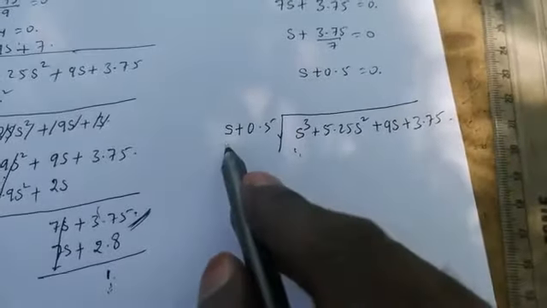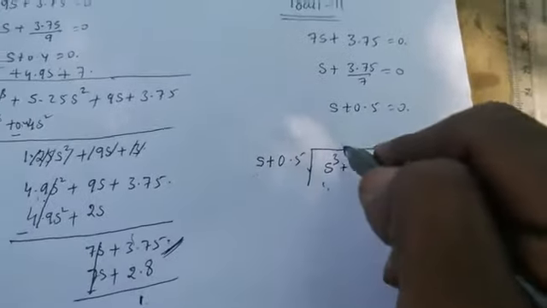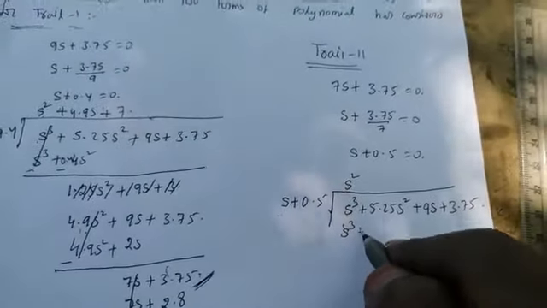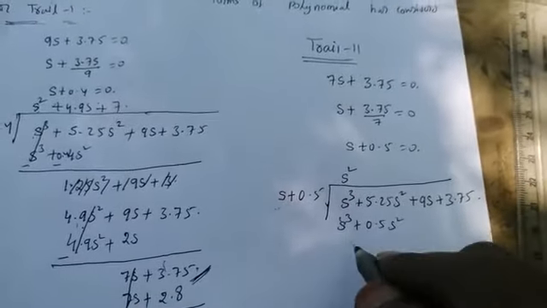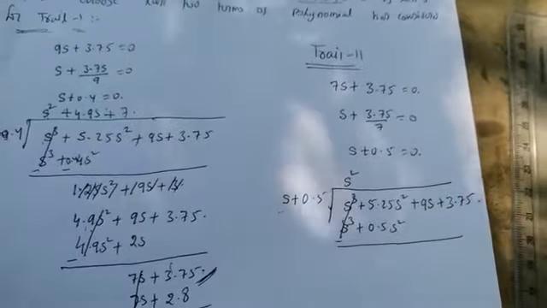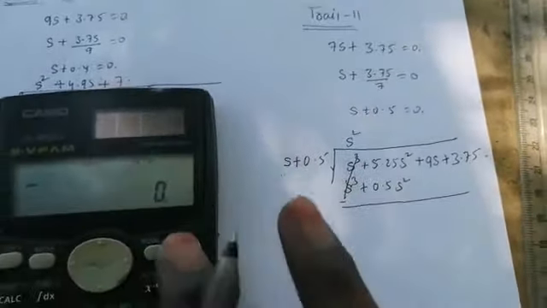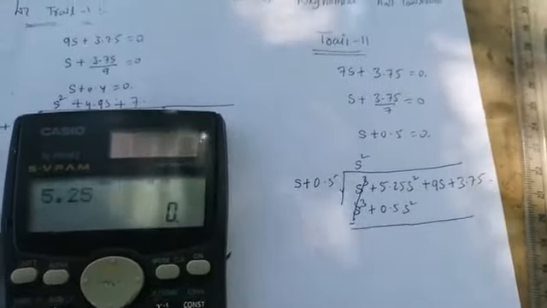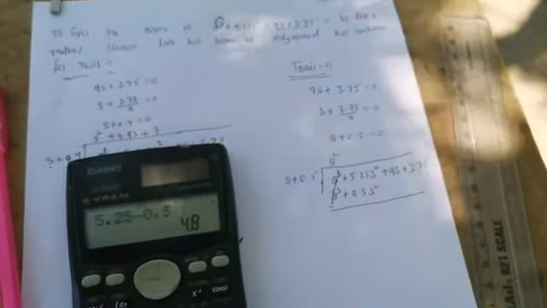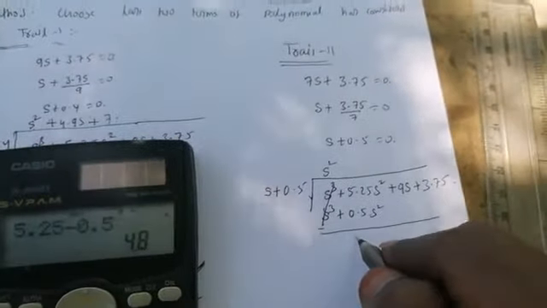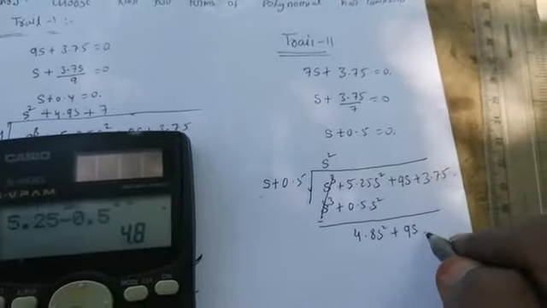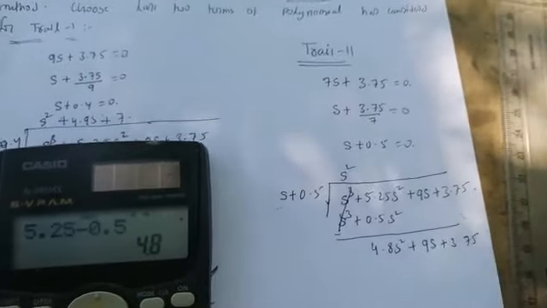By multiplying s by s square. We get s cubed plus 0.5 s square. If you apply the minus, both will get cancelled. Next, 5.25 minus 0.5, 4.75 s square plus 9s plus 3.75.